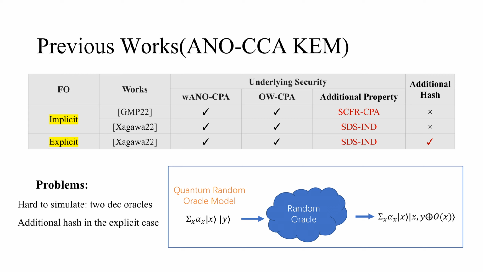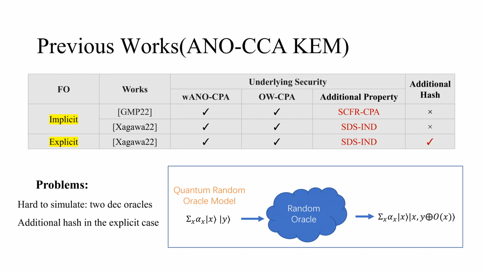Proofs in the QROM consider the case where quantum adversaries exist and the adversary can access the oracle with a superposition state, making the proof more difficult, especially the simulation of decapsulation oracles.